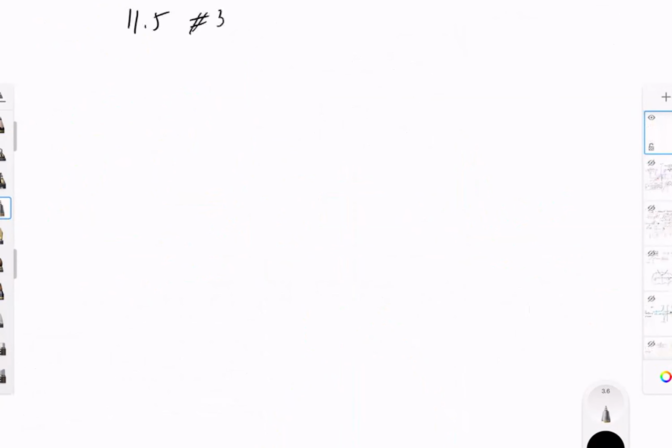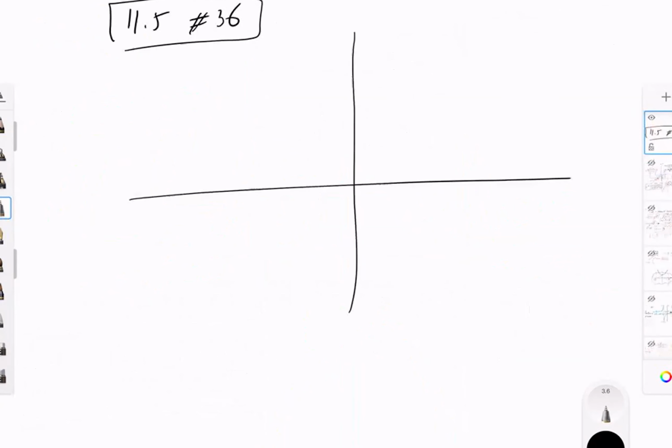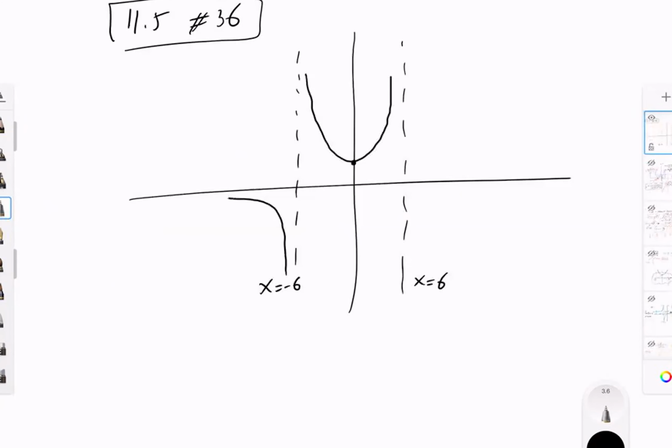So another homework question, 11.5, number 36. This is the same type of question. I give you guys a graph. The graph has two vertical asymptotes, x equal to -6 and x equal to +6. There's a 2 here, and this point is 72.